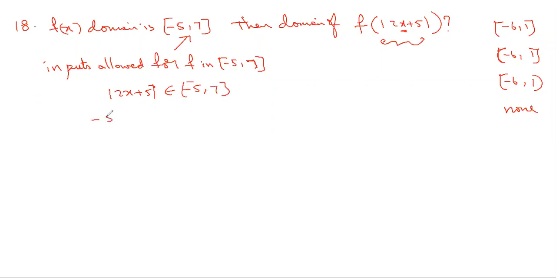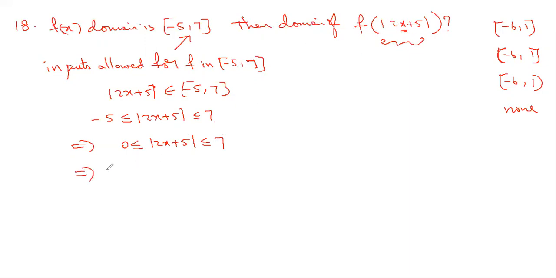That means -5 ≤ |2x + 5| ≤ 7. See, the mod value can never be negative. Even though they are allowing it to be negative, you can never get the negative. So the only possibility for this modulus is between 0 to 7. f is allowing it, but because we are writing the modulus, we will never get a negative value between -5 to 0. So only possibilities are 0 to 7.